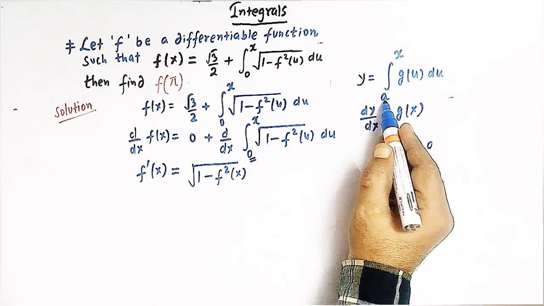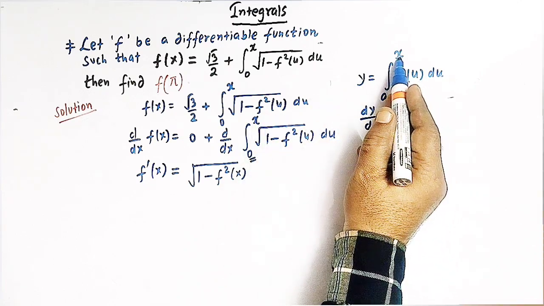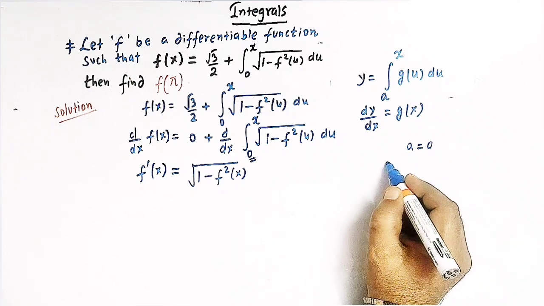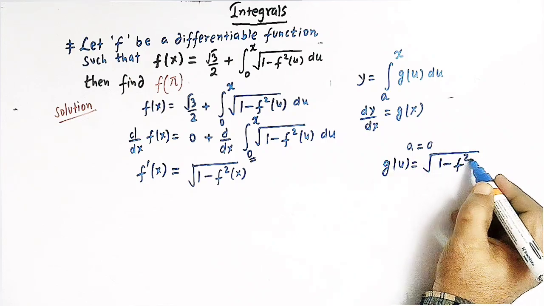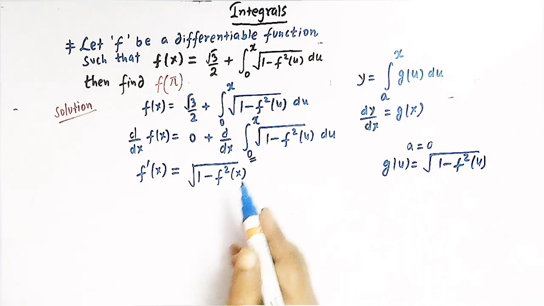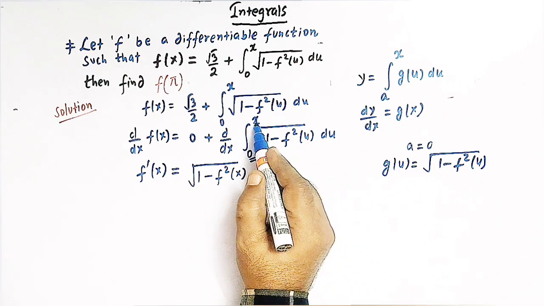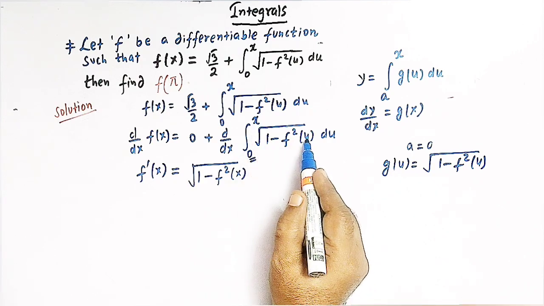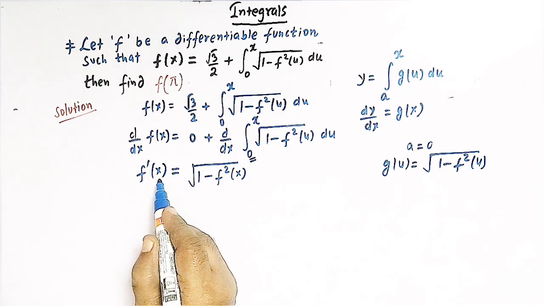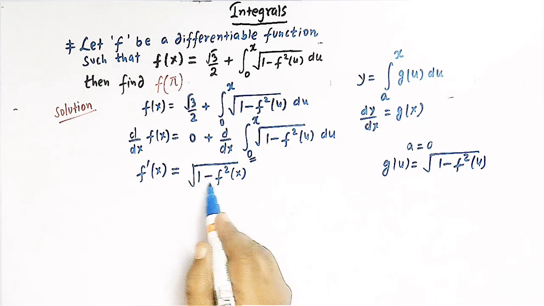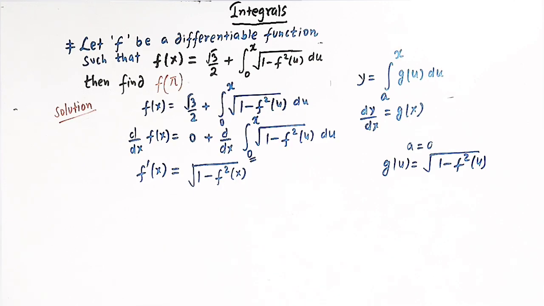Here a is a constant, and the upper limit is x, here also the upper limit is x, and g of u is given by square root of 1 minus f square u, right? So when we find the derivative of this integral with respect to x, then we simply replace this u by x. So we have now f prime of x is equal to square root of 1 minus square of the function, that is f of x.